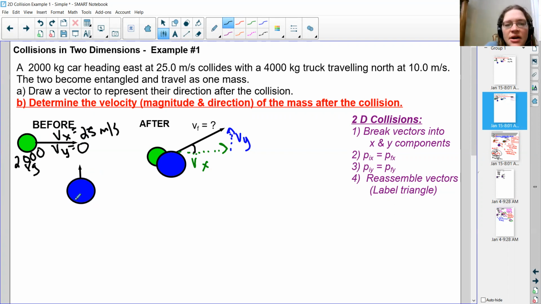And then here is my 4,000 kilogram truck, and it is going north at 10 meters per second. That is a Vy, and the Vx piece is 0.